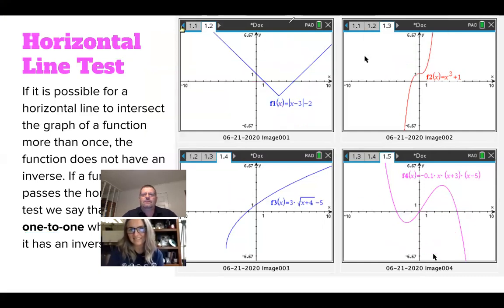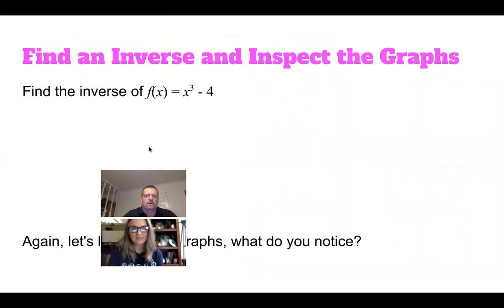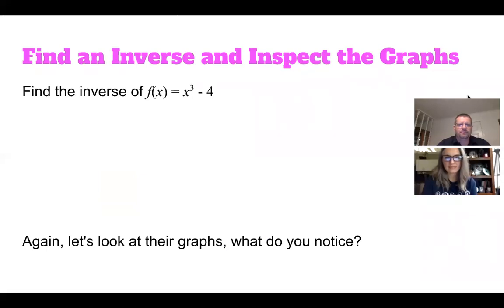All right, moving on, let's do a couple more and inspect some graphs. I'm going to go off script a little bit, and Ms. Young can do all the algebra. But I see a cube and a minus 4.